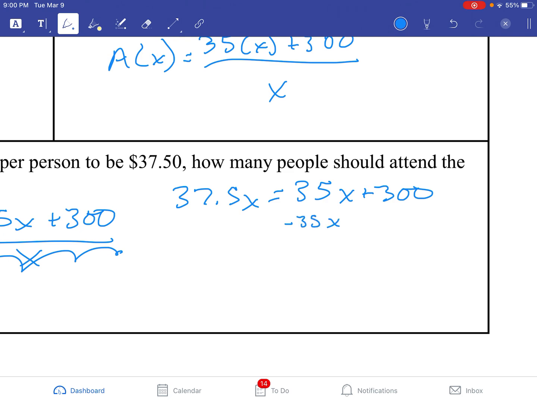Let's zoom that in. I'm going to subtract 35x from both sides. So 37.5 minus 35 is 2.5x equals 300. Divide both sides by 2.5. And x will equal 120 people.